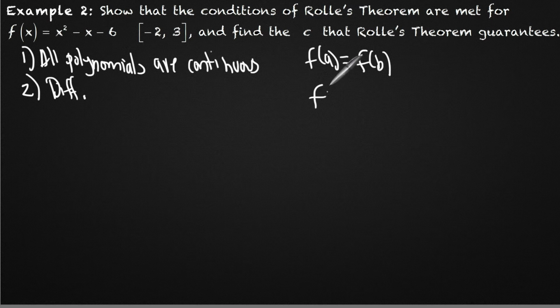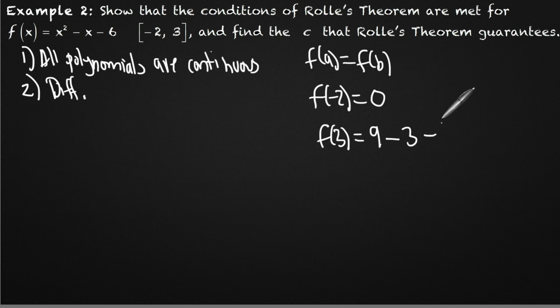So f of negative 2, see what we get. Negative 2 squared is 4, minus a minus 2, which is really adding 2. That's 6 minus 6, that's 0. F of 3 is going to be 3 squared, that's 9, minus 3 minus 6, so 6 minus 6 is 0.